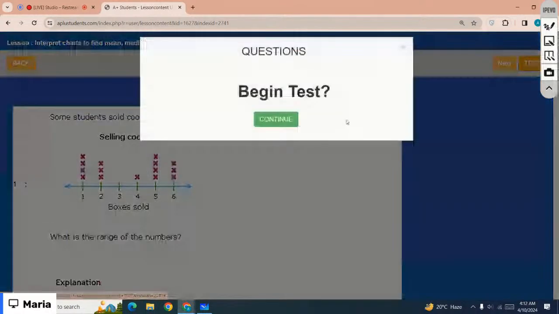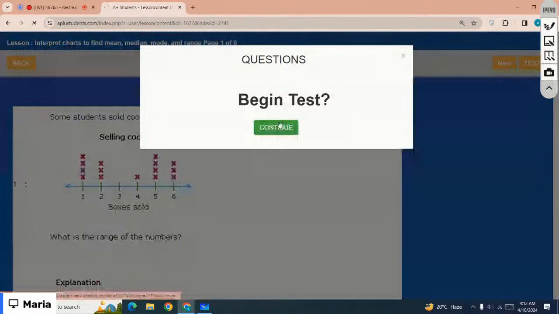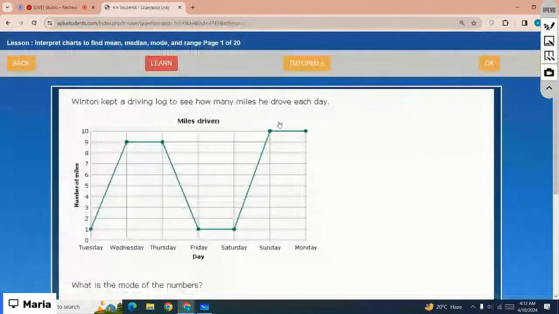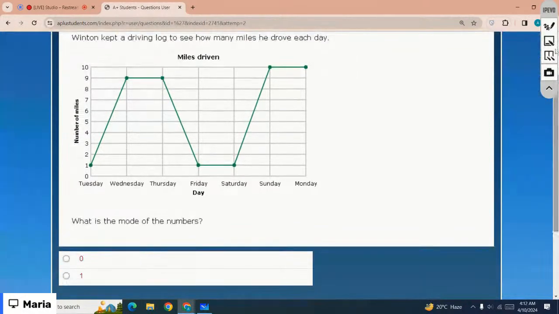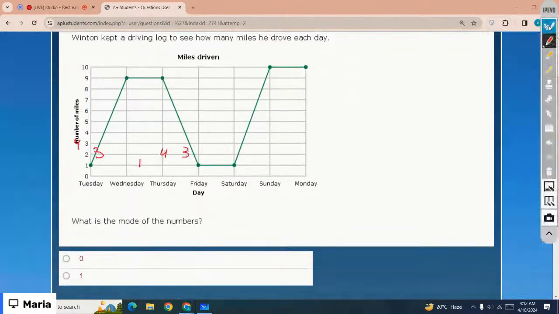Okay, let's just start with the test question. Winton kept a driving log to see how many miles he drove each day. What is the mode of the numbers? Okay, which number appears the most of the time?